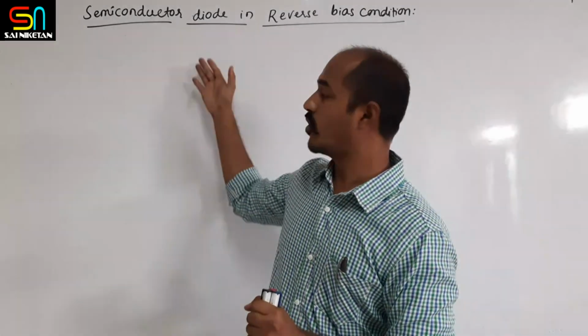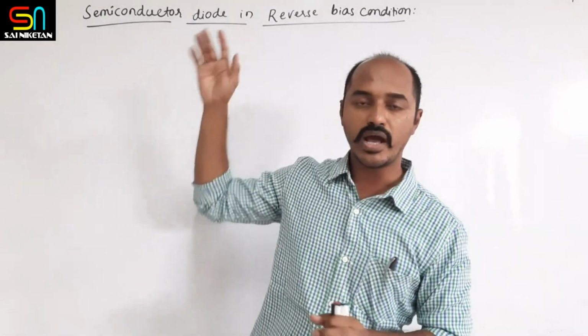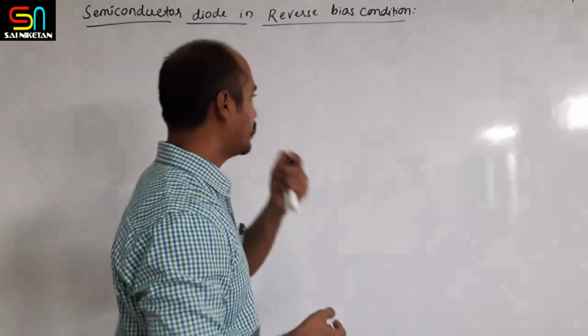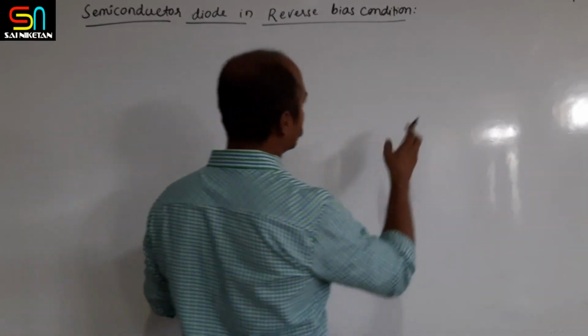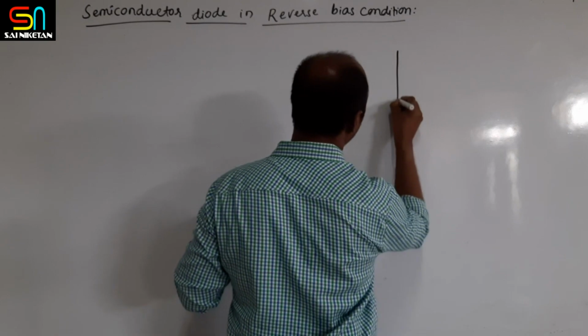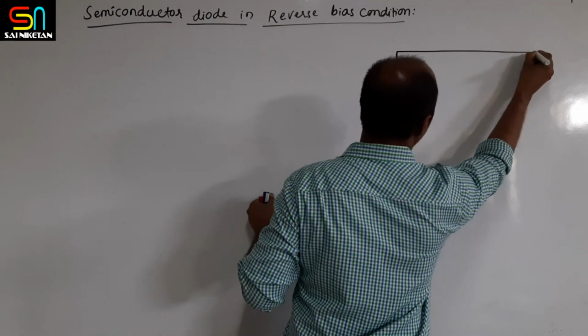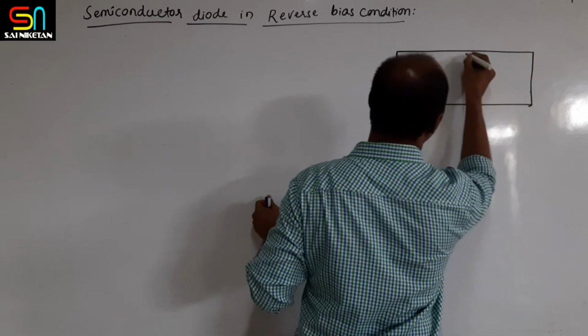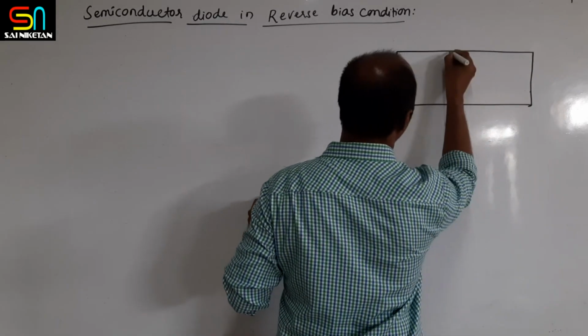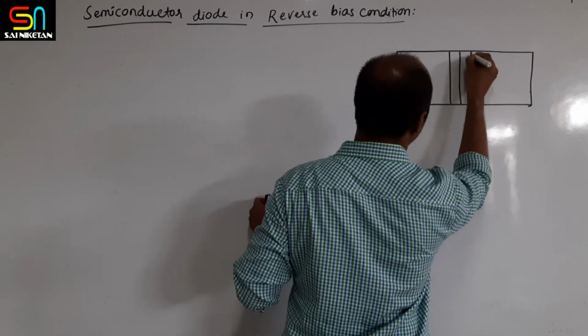Today we will see what a reverse bias condition means, as well as the characteristic of the semiconductor diode. If you take a semiconductor diode, P and N type are joined together to form the diode.